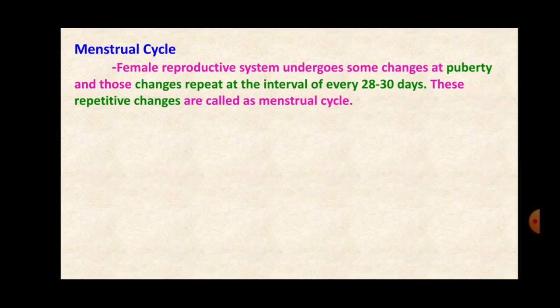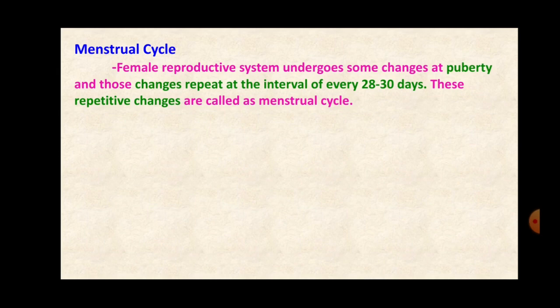So, this menstrual cycle that we are going to study is a very regular natural change. It is a very natural change that occurs in the female reproductive system, which makes pregnancy possible. This menstrual cycle is very much required, students, first for the production and maturation of the oocytes, and second, it prepares the uterus for pregnancy.